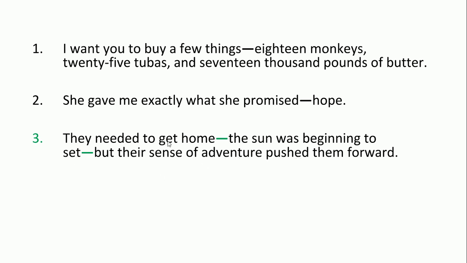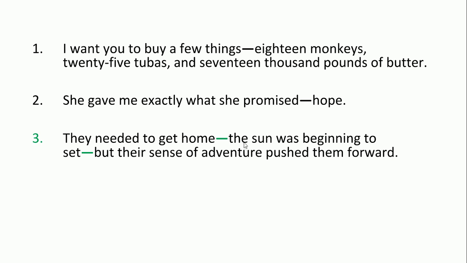So here, they needed to get home. The sun was beginning to set, but their sense of adventure pushed them forward. Well, here we have an independent clause. They needed to get home, but their sense of adventure pushed them forward. And then inside it, we have another independent clause. The sun was beginning to set, so we couldn't use commas here. It would have to be dependent, but we can use dashes.